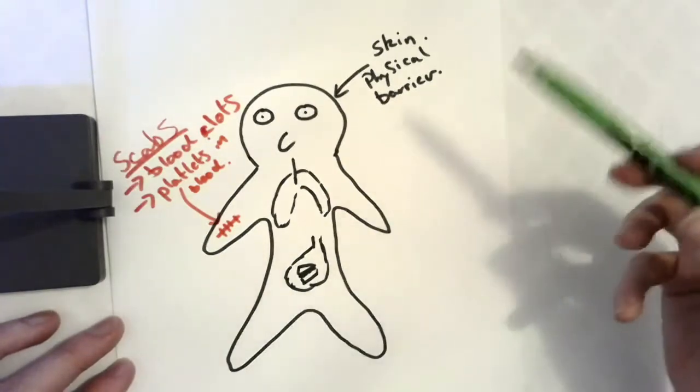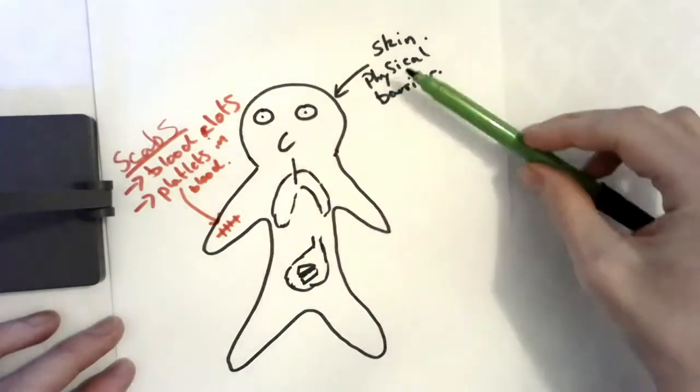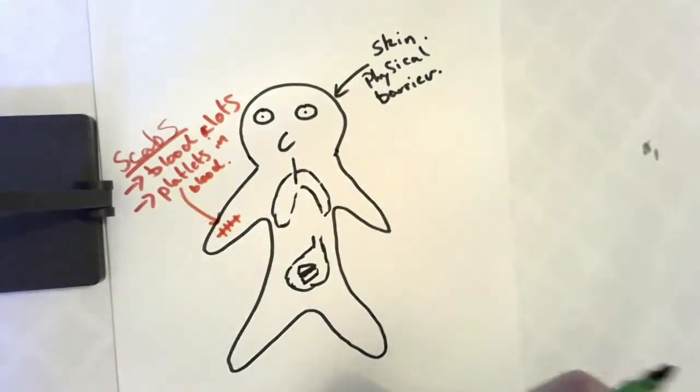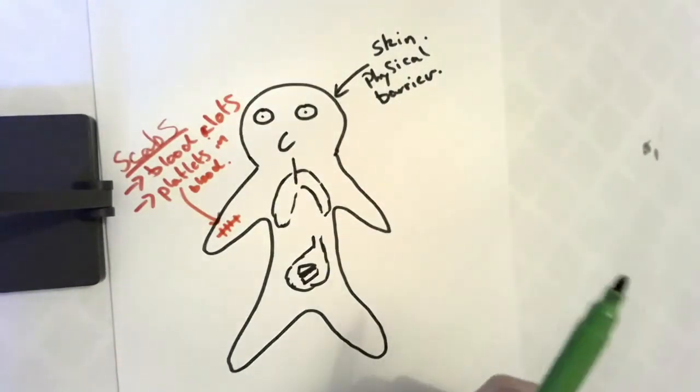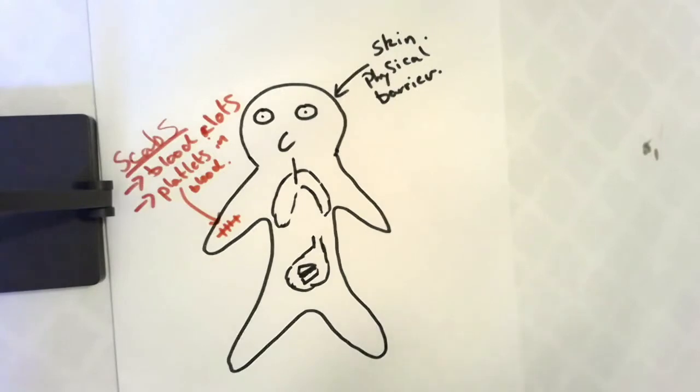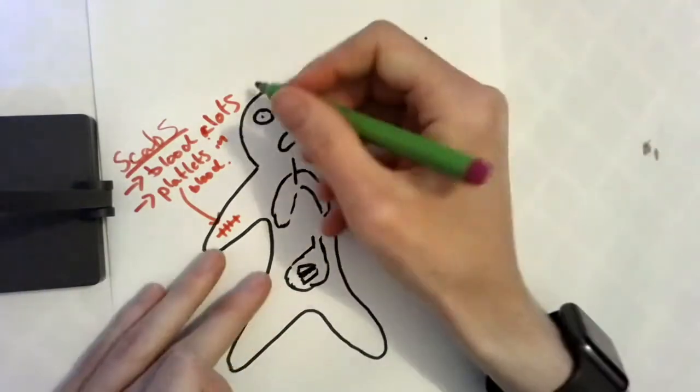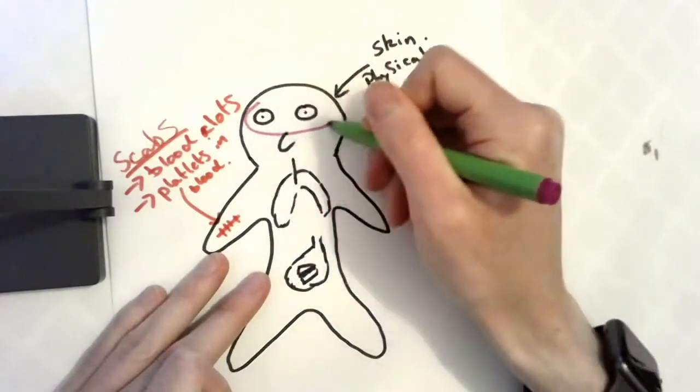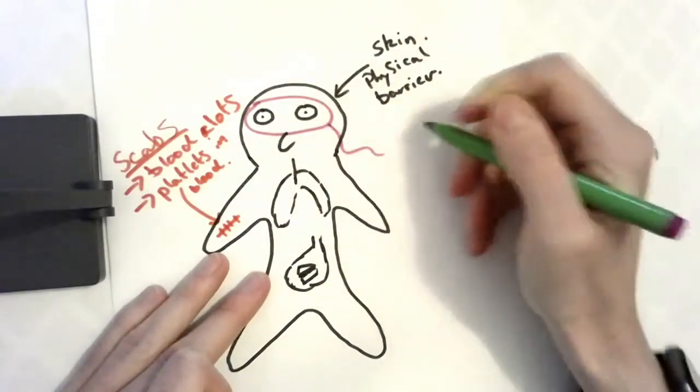Okay, so our body does a really good job for the most part of stopping pathogens getting in, but we have a couple of weaknesses, a couple of weak points, and one of them here are our eyes.